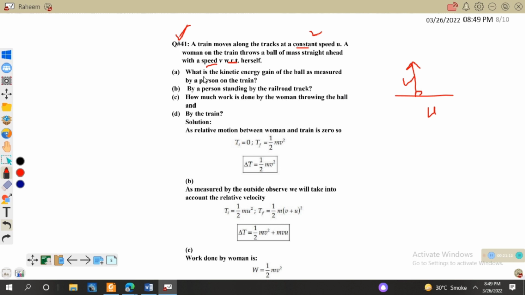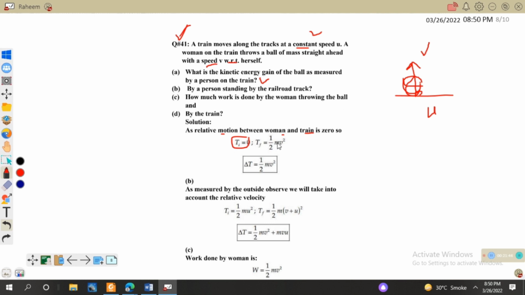So the first question is, what is the kinetic energy gain of the ball as measured by a person on the train? In this case the relative motion between the woman and the train is 0. So T initial is equal to 0, because when the ball leaves the hand of the woman, the ball velocity will be v.